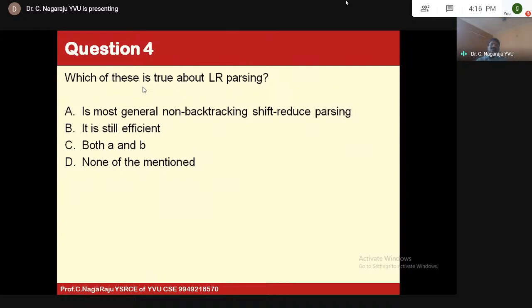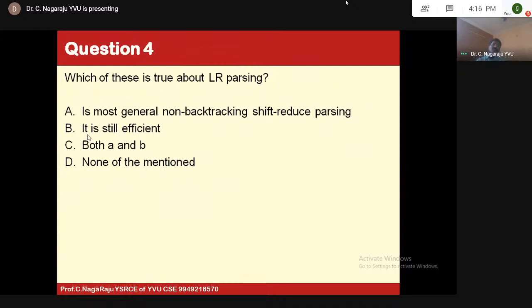Question number 4. Which of these is true about LR parsing? I have given four options, but I collected these questions and answers from the net. A: it is the most general non-backtracking shift reduce parser.